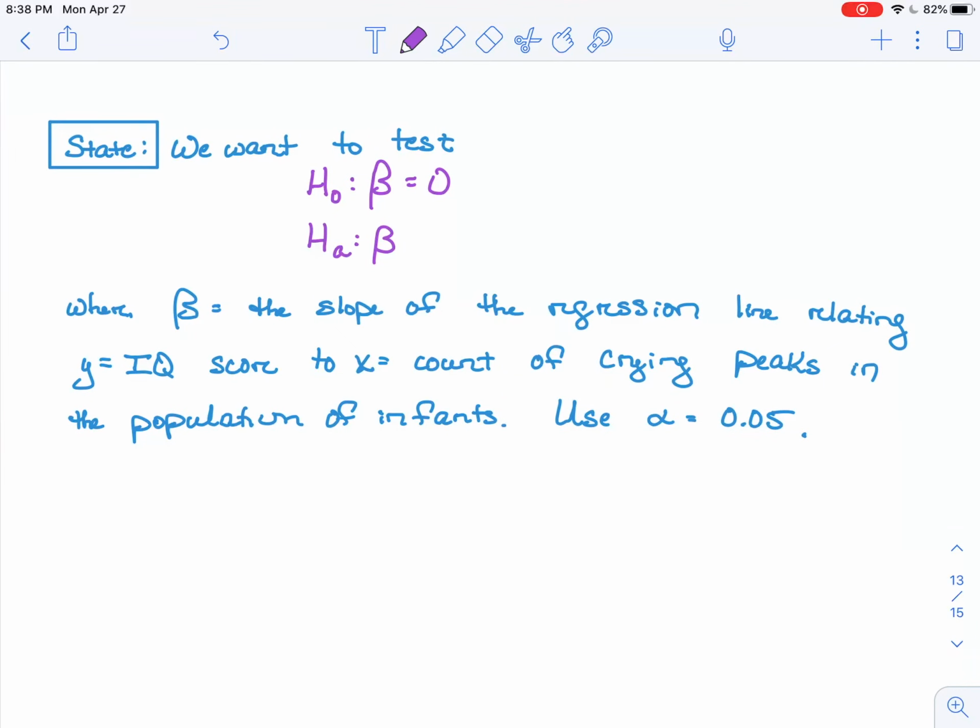So not only is the sample regression line's slope positive, but we think maybe that the population might be positive too. That's what I'm going to test. I'm going to test that beta is greater than 0. And I have to define that beta is the slope of the regression line. We're relating these y IQ scores with the x count of crying in these infants.